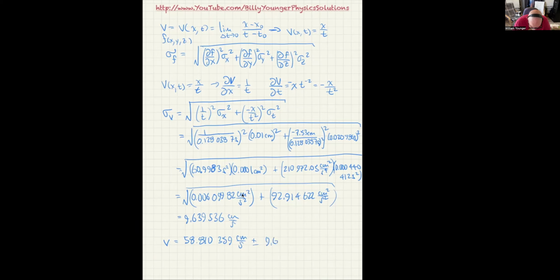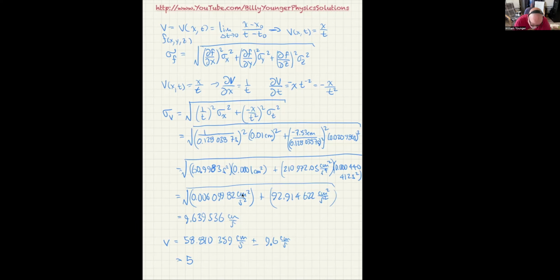Now, this sigma v is what should be added on the end, and that's just 9.6 centimeters per second, but we really should only have one digit of uncertainty, because if we know the uncertainty is 9 in the ones place, then our chance of knowing what the tenths place is, is nil. So we really should just call this 1 or 10 basically. So we would then say this is 50.